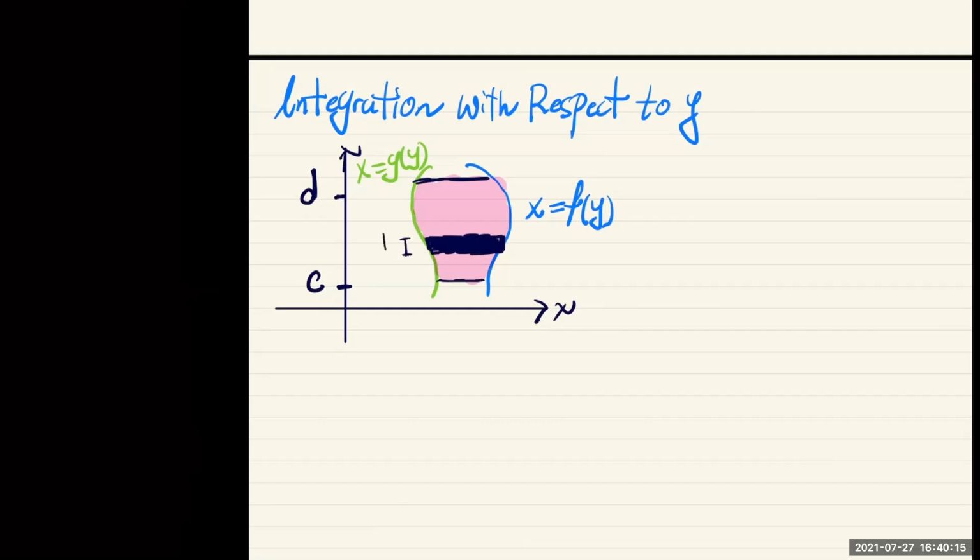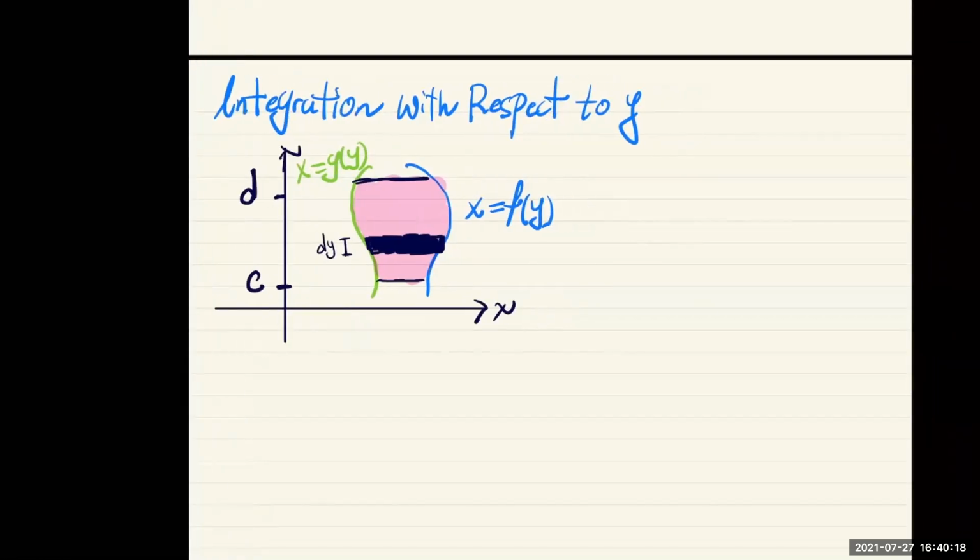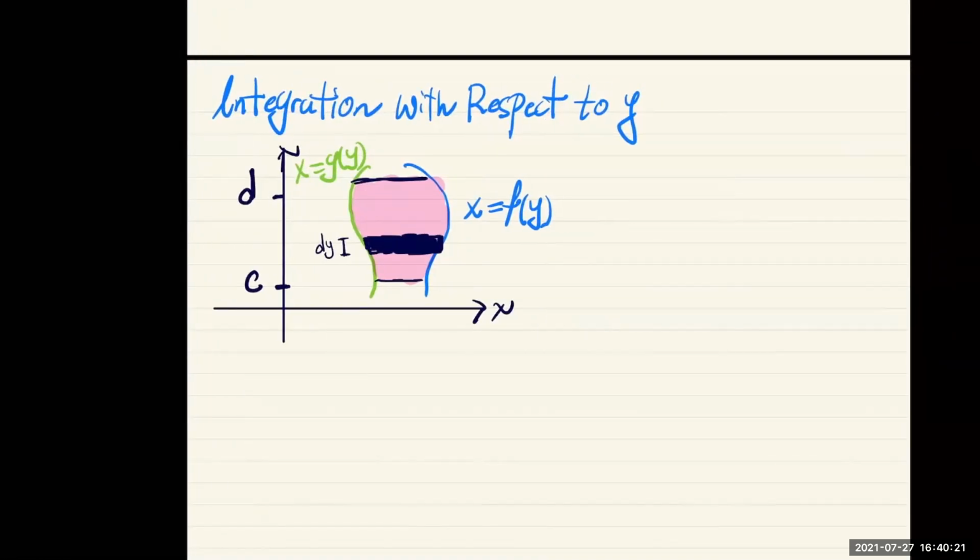Change in y. That's what that is. Okay, and so again, this point is on the graph of x equals f of y, and y is just y. And this point there is on the graph of g of y, y.